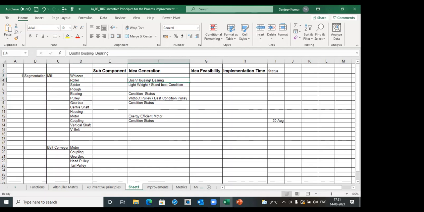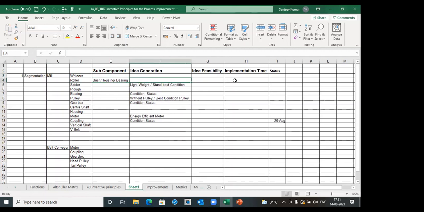You write 2-3 ideas individually. Don't write bar, because when you write bar, it does not look good. You write idea number one is going to be a bush roller, idea number two is going to be made up of lightweight housing, and the third one can be the bearing.